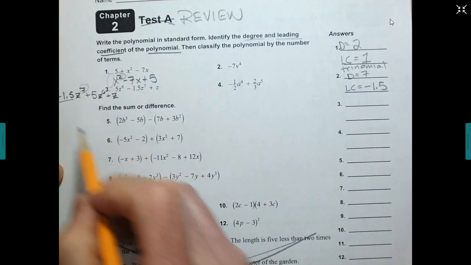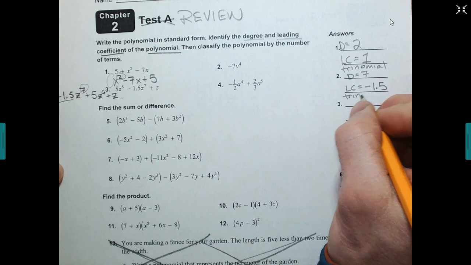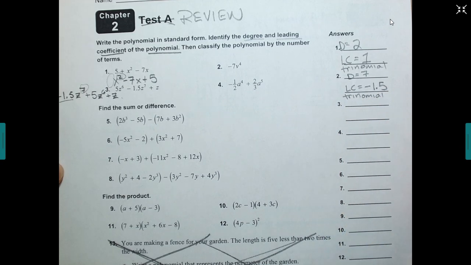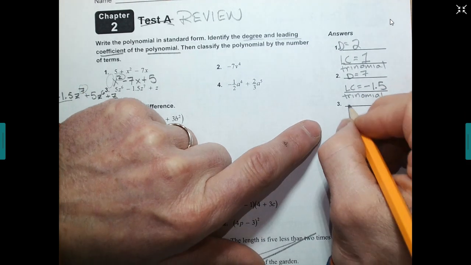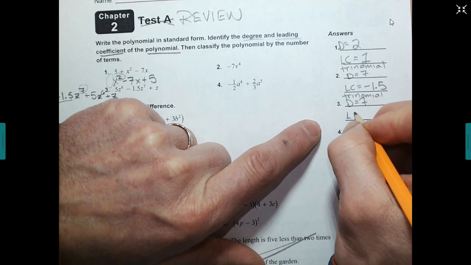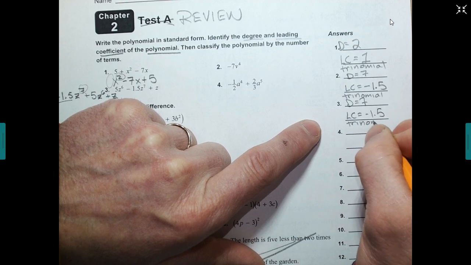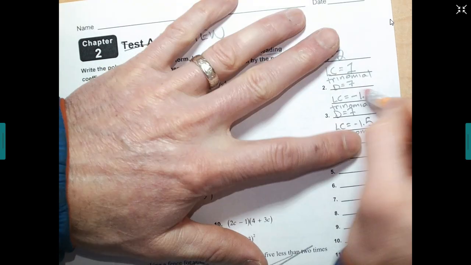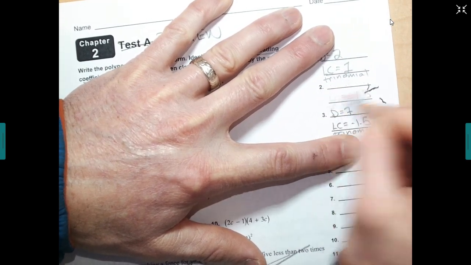Degree is 7, leading coefficient, and it is also a trinomial. Oh shoot, that's supposed to be for right here. Degree equals 7, leading coefficient is negative 1.5, and it's a trinomial. Okay.